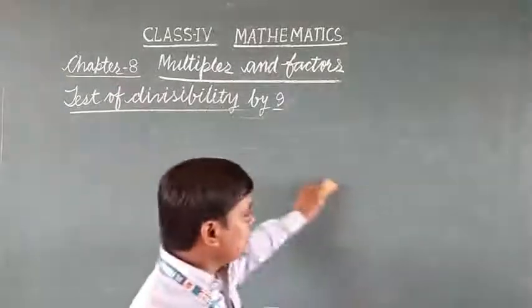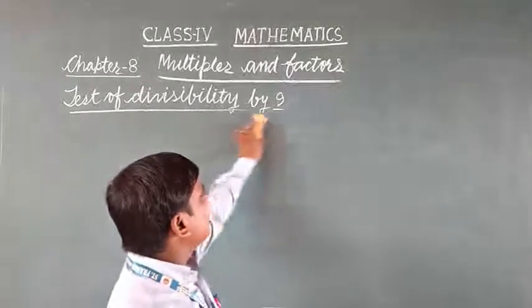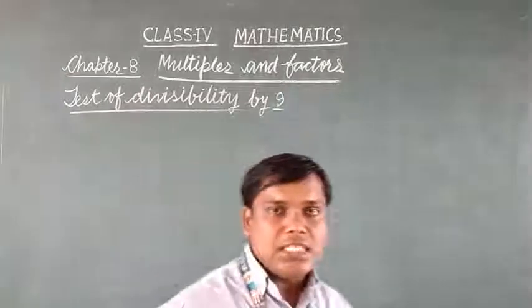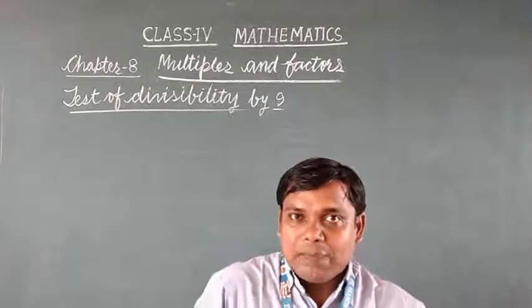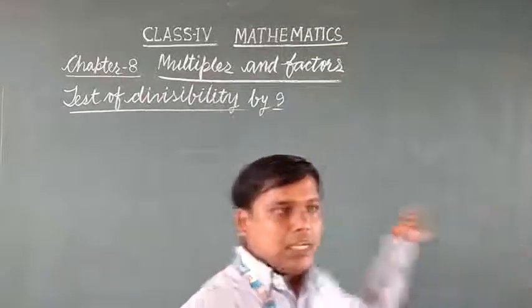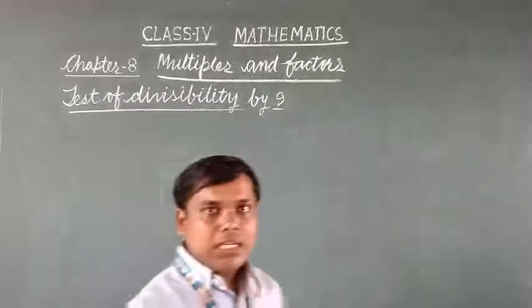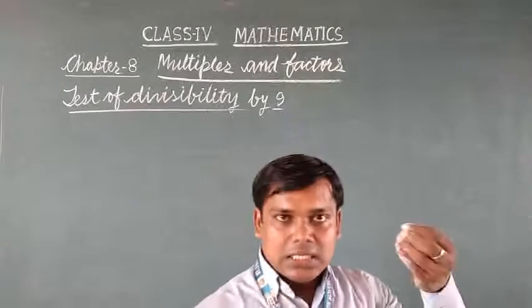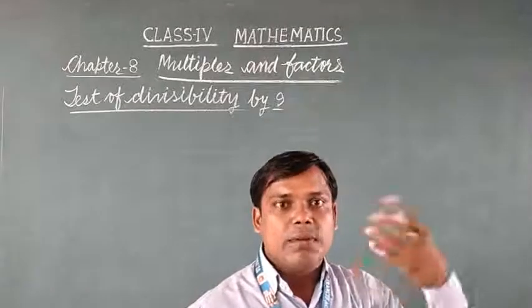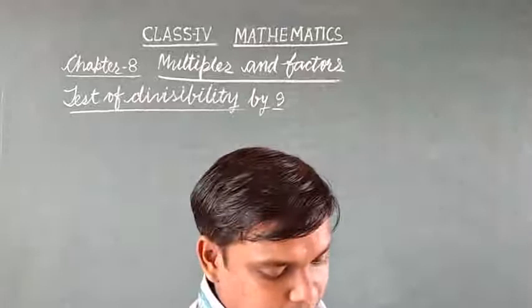As in case of test of divisibility by 3, a number is said to be divisible by 3 if the sum of its digits is a multiple of 3. Here, if the sum of the digits of a number is a multiple of 9, then we can say that the number is divisible by 9.